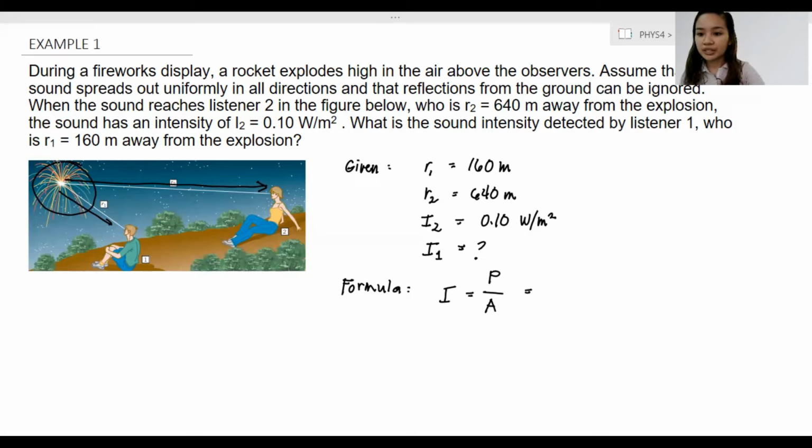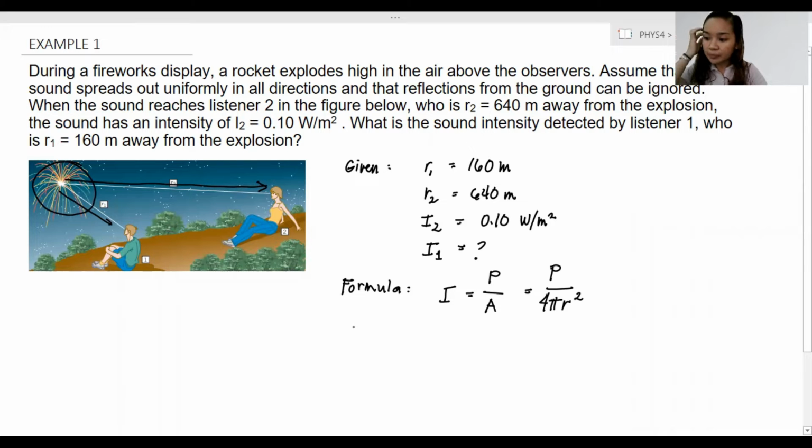So we have your P. The surface area of the sphere is equivalent to 4 pi r squared. That is the standard surface area formula for the sphere.